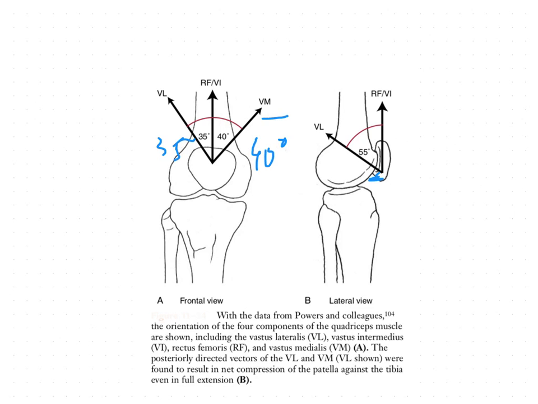The compressive force from these muscles is present throughout the range of motion, but it is minimized at full extension and increases as knee flexion continues.